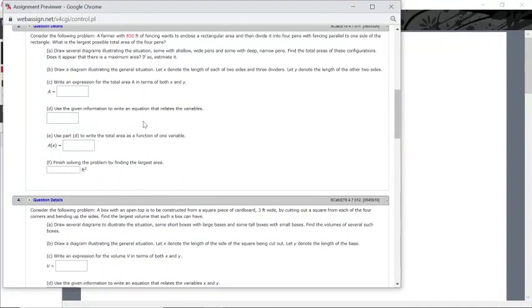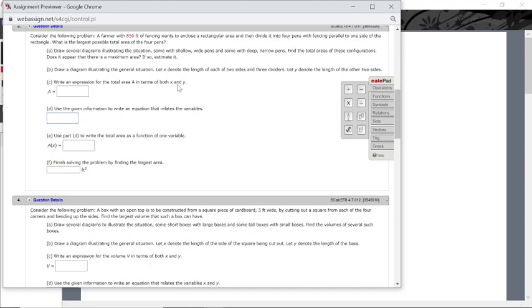So it's not going to ask you necessarily for an objective and a constraint equation. That's part of my method for approaching these exercises, but ultimately here it's asking for an expression for the total area in terms of both x and y. That's something I would call an objective equation. Then it says use the given information to write an equation that relates the variables. That could be considered a constraint equation.